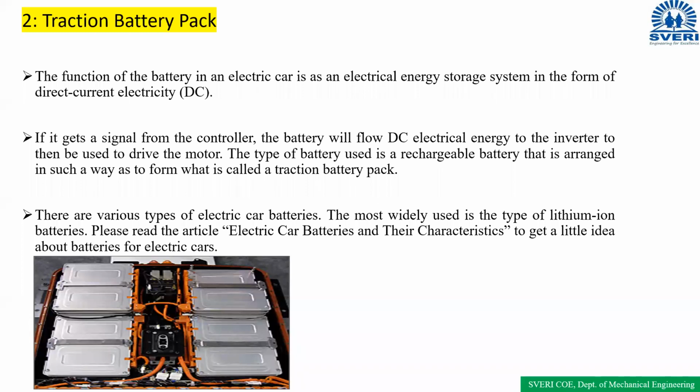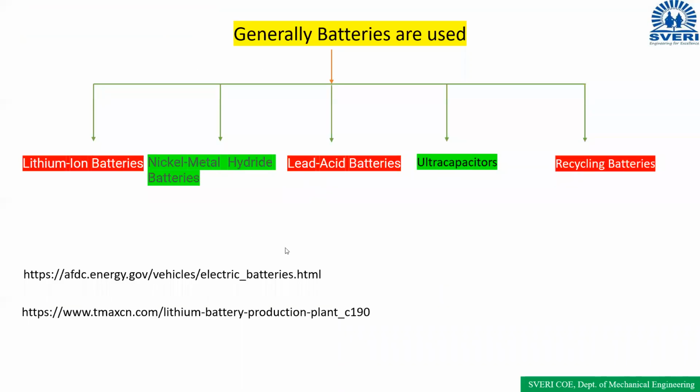It is clear. There are various types of batteries. The most widely used type is lithium-ion batteries. Then NiMH batteries, nickel metal hydride batteries, lead acid batteries, ultracapacitors, and so on.